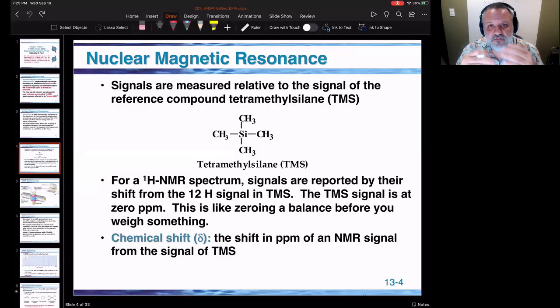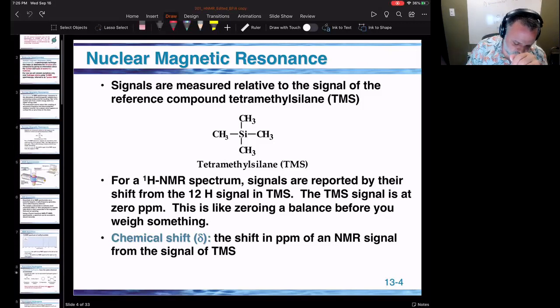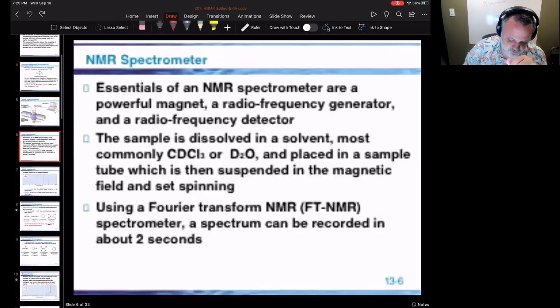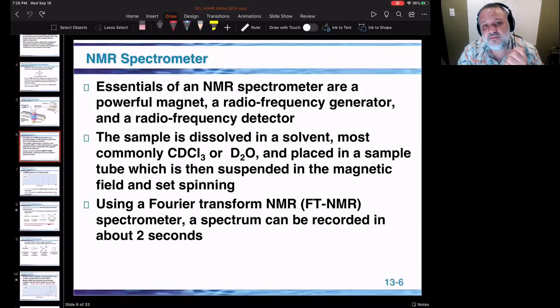In IR, there are a few signals, and where they appear does make some important determinations as to the structural possibilities, but NMR is powerful across its entire spectrum. So where the peak appears in an NMR spectrum is fundamental and important. Let's take a look at what I mean by that.